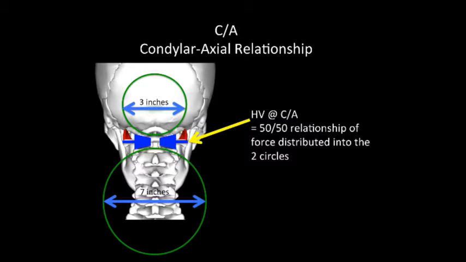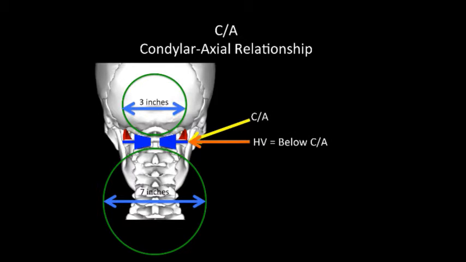So a height vector at the C over A essentially is the 50-50 relationship of the force being distributed into the two circles. So if we take a height vector below the value of the C over A, is more force going to be directed into the condylar circle up here or the axial circle down here?